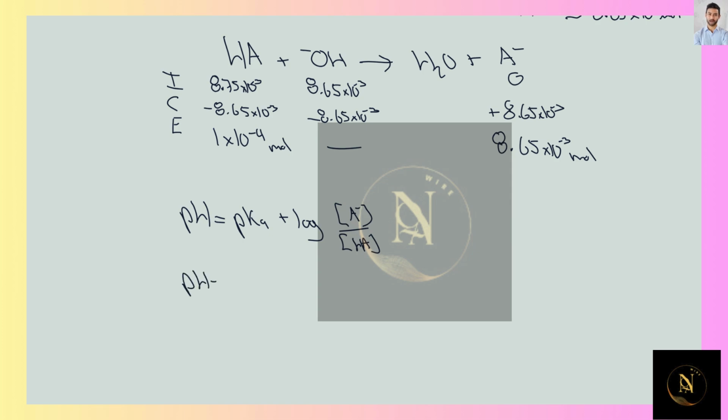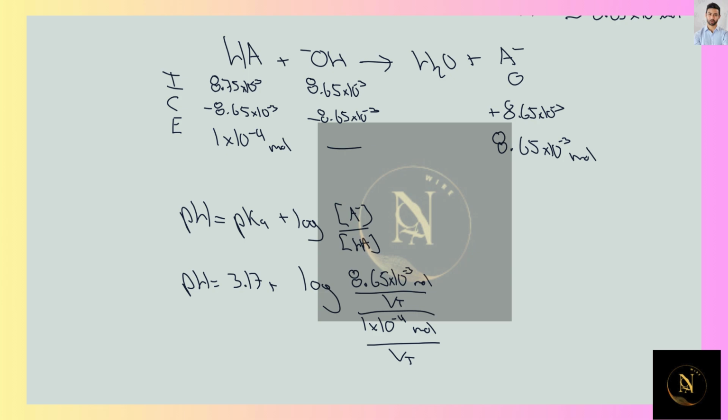So pH is going to be equal to 3.17 plus the logarithm of 8.65 times 10 to the minus 3 mole divided by 1 times 10 to the minus 4 mole. In this case, we should put the total volume, but as I mentioned, it doesn't matter because both of them are going to cancel out in our equation.